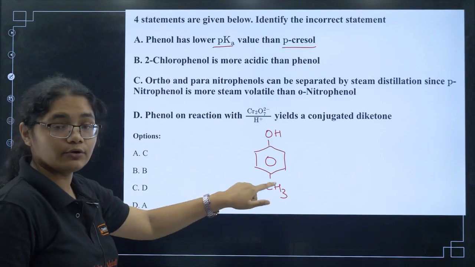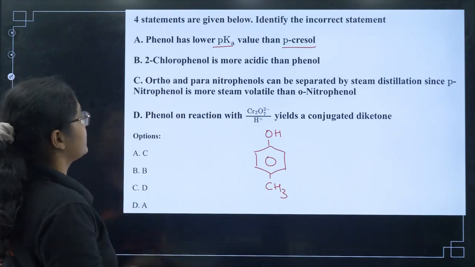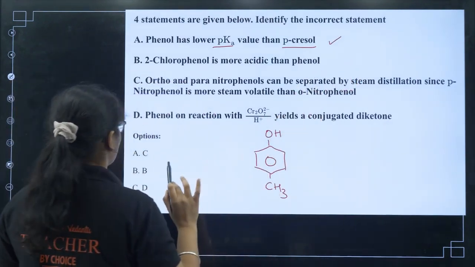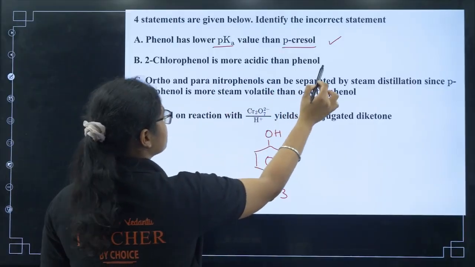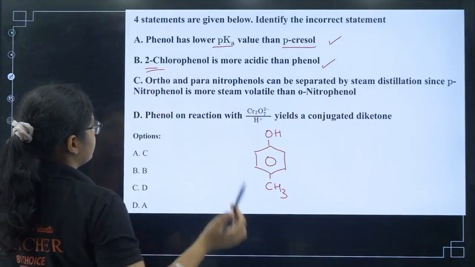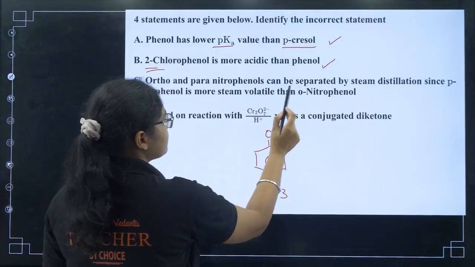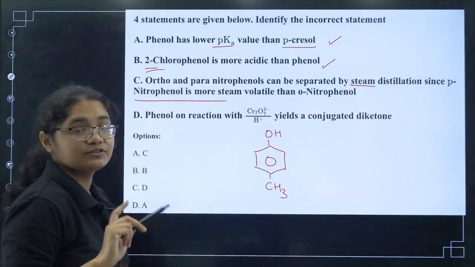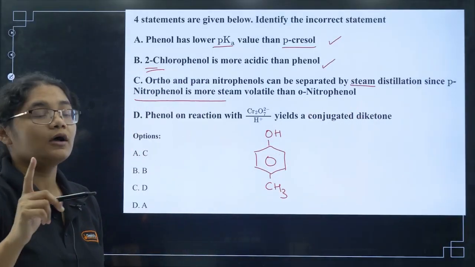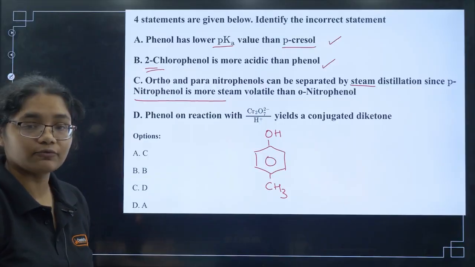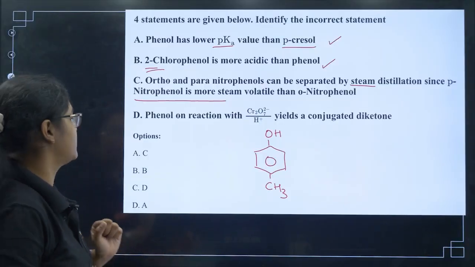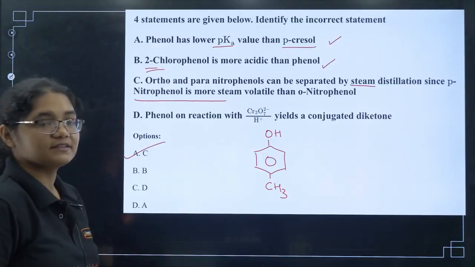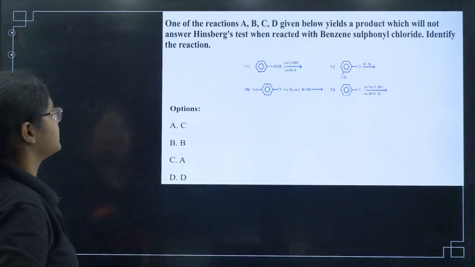Because CH3 is an electron donating group. So definitely this statement is correct. So we cannot have E. Next, 2-chlorophenol is more acidic. Yes, because it has electron withdrawing nature. Ortho and para-nitrophenols can be separated by steam distillation. Since para-nitrophenol is more steam volatile, no. Ortho nitrophenol is more steam volatile because of intramolecular hydrogen bonding. So the correct answer is option number A, that is C.